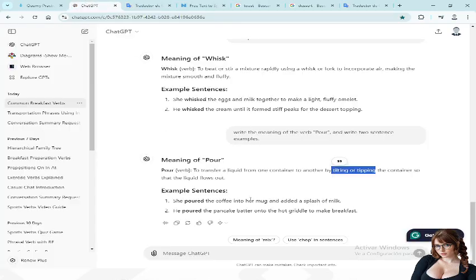Okay, I think that it is enough. Right now I'm going to write: he poured the pancake batter on top of the hot griddle to make breakfast.